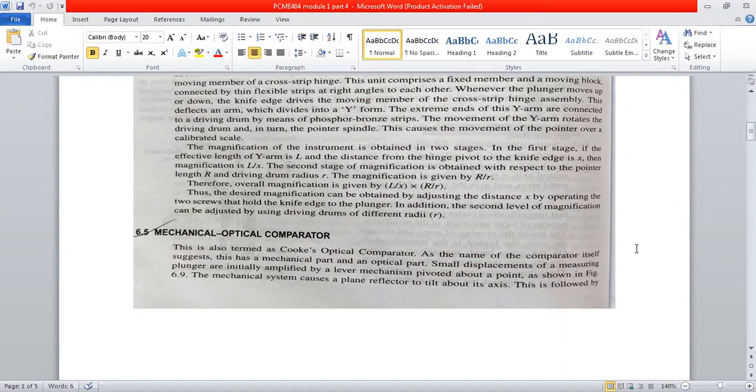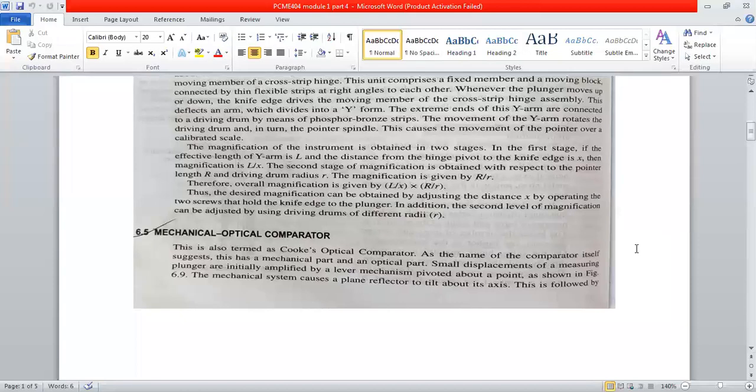Now the mechanical optical comparator. What do you mean by the mechanical optical comparator? This is called the Cook's optical comparator, named after the scientist. Previously we said the mechanical comparator; now this is a mechanical plus optical comparator. The system is also plunger based, but here there are lenses.